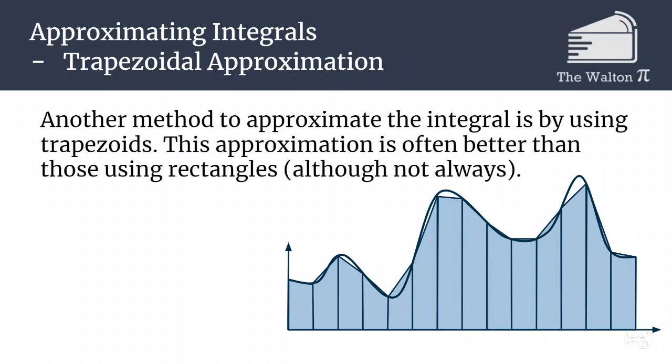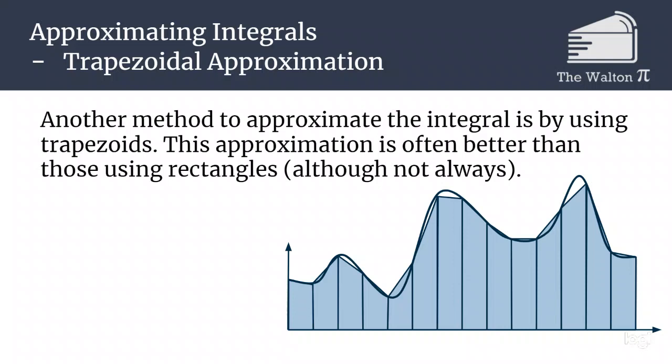Now, we don't only have to approximate using rectangles. We could also approximate using a trapezoid. This trapezoid approximation is a pretty good approximation for this curve. There aren't many places with a ton of overestimating or underestimating. So the trapezoid is often a good representation and often does better than rectangles, although this is not always the case.